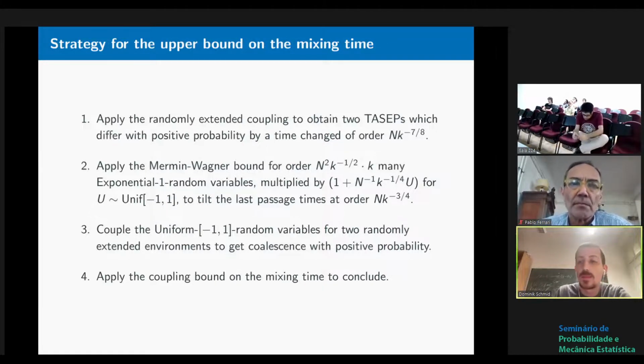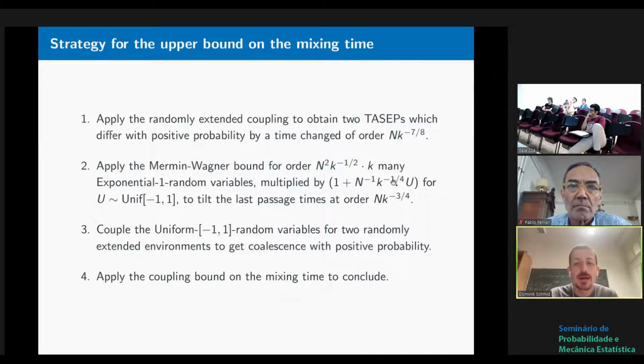So we can manipulate each of them by 1 plus n to the minus 1 k times k to the power minus a quarter times u, for some uniform random variable u between 0 and 1. And this manipulation, by the Mermin-Wagner bound from before, does not affect the law of these exponential random variables in a crucial way.